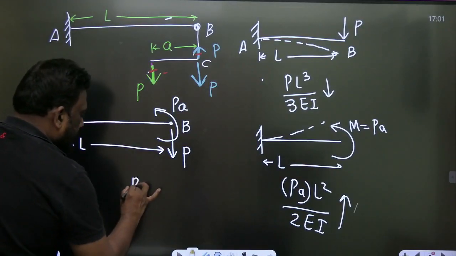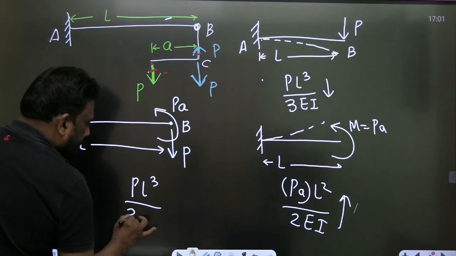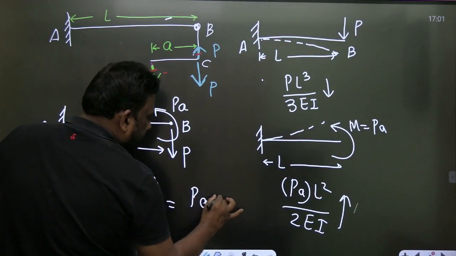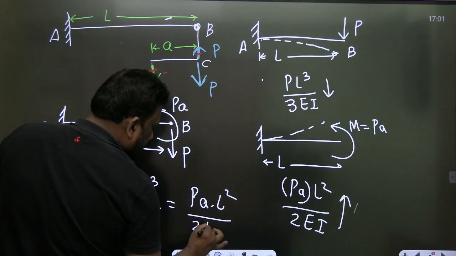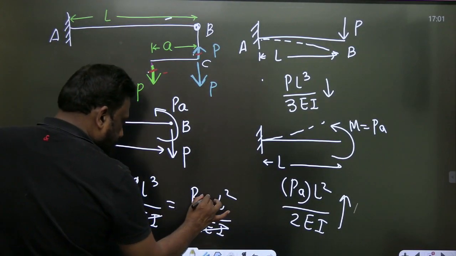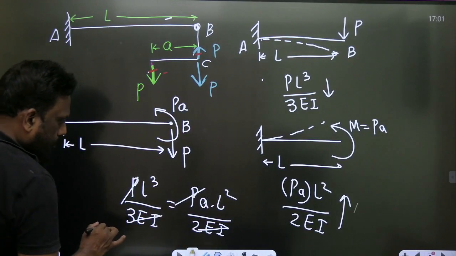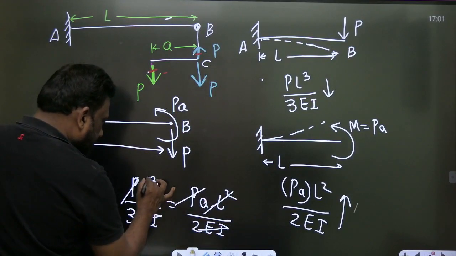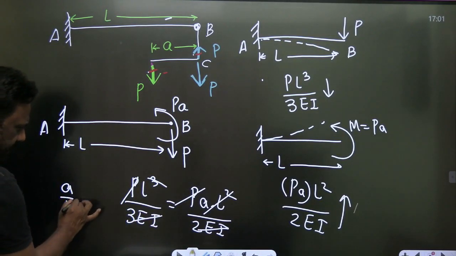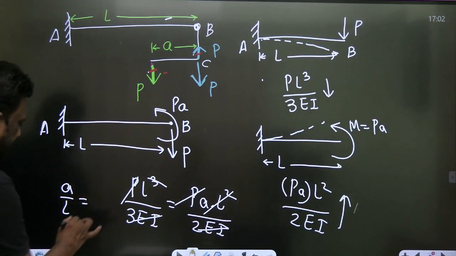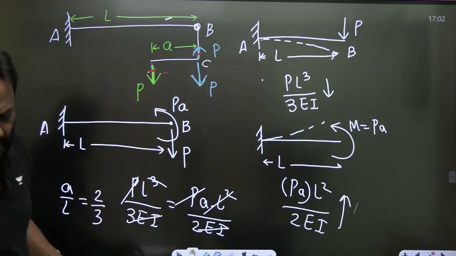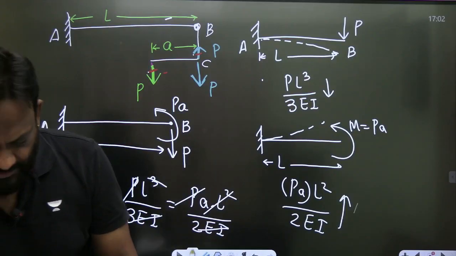Now I get PL cube by 3EI is equal to PAL square by 2EI. EI is gone, P is gone, and L square cancels with L. We are left with A by L equal to 2 by 3.